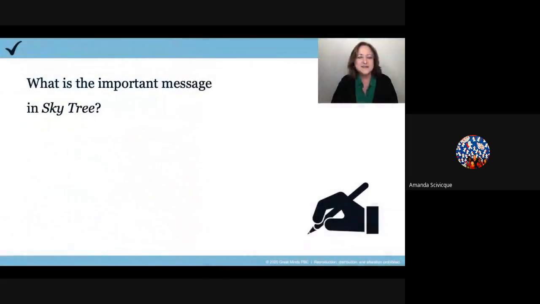You just did some very powerful thinking about the similarities between the beginning of Skytree and the end of Skytree. By thinking about those similarities, that can start to give you an idea about the important message in this text. What is this text trying to teach you?